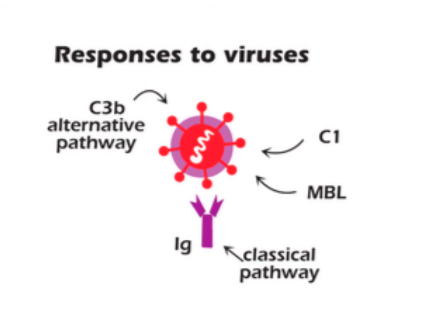All these pathways will come and help to get rid of that virus. And then again, as we discussed, the classical pathway will have Ig, and they will basically go and take care of that virus, so that the virus is removed from the system.